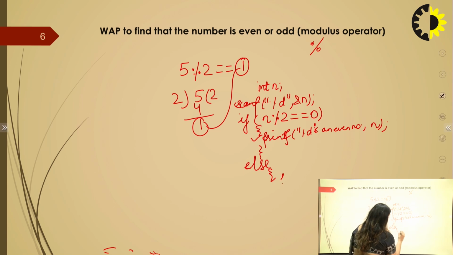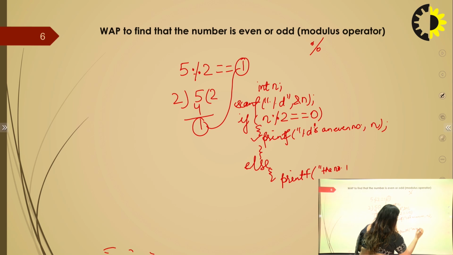It will show the message that the number is odd, %d, and the number.